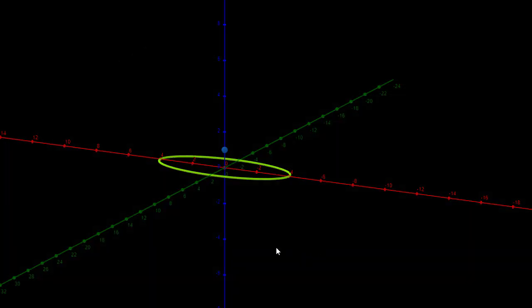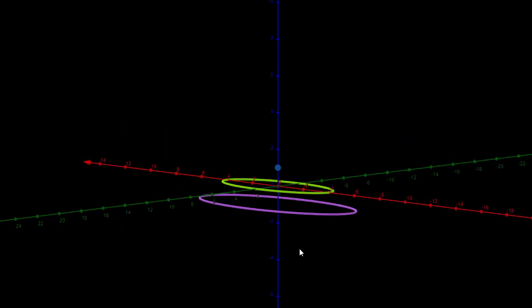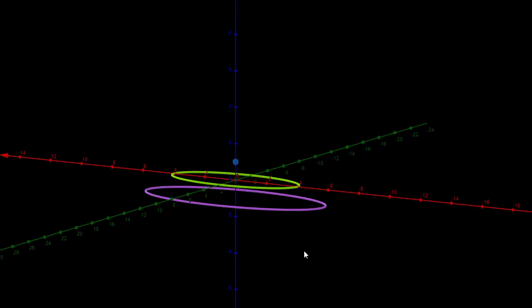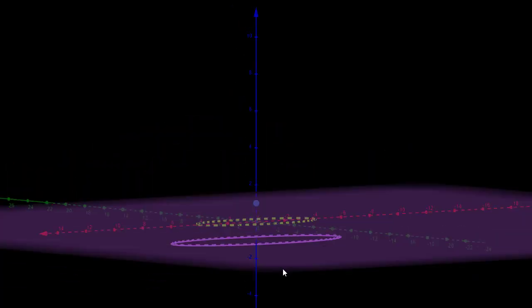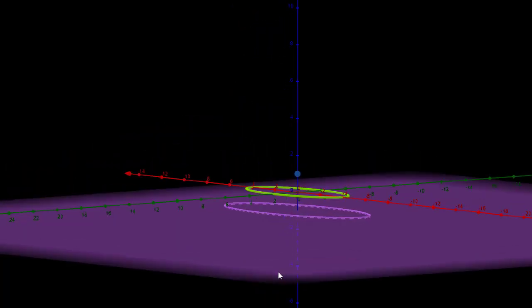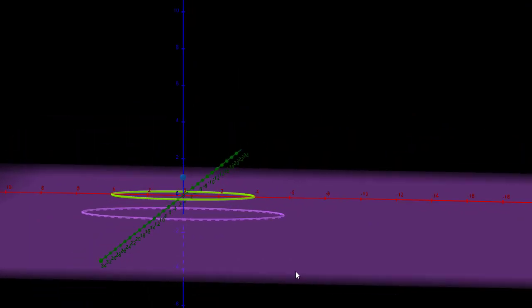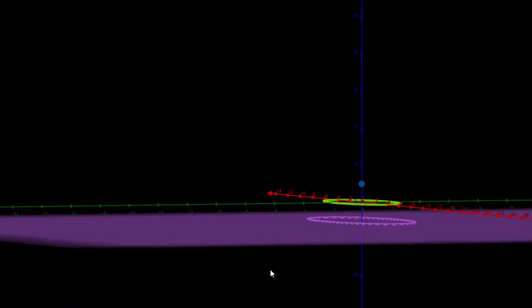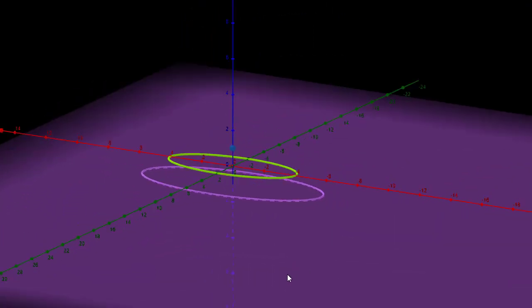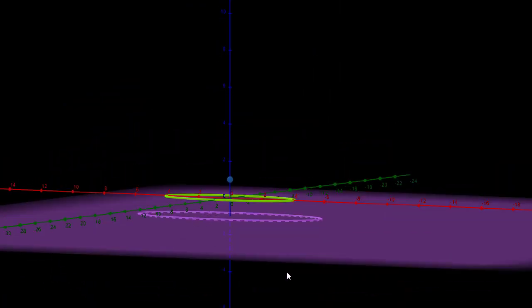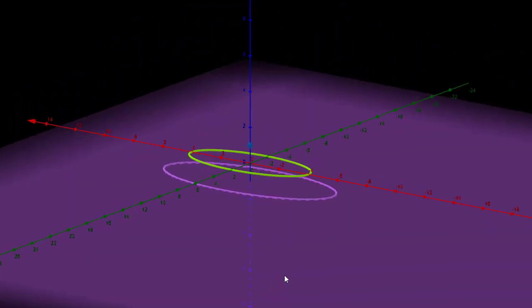Let's get rid of that. Then here is the z equals -1 level curve. And if I put in the plane, this is the plane z equals -1, and you can see what's happening is it's basically showing what this surface looks like as it crosses through that plane.